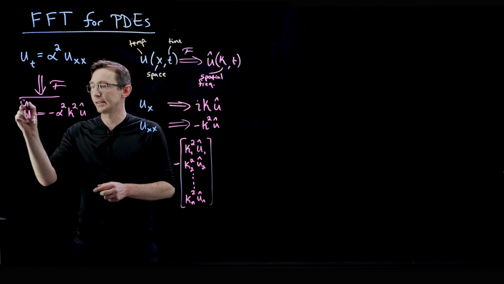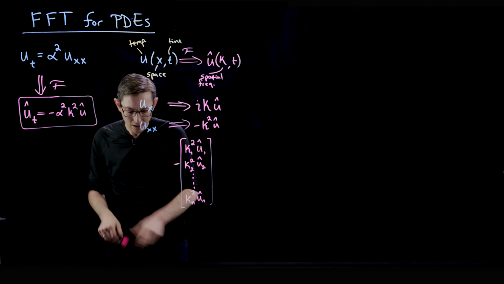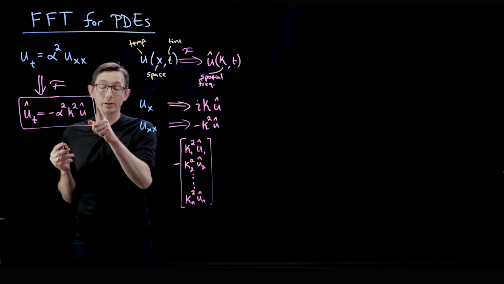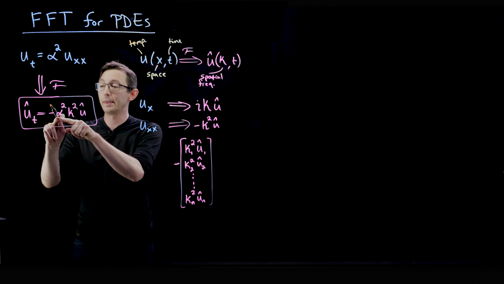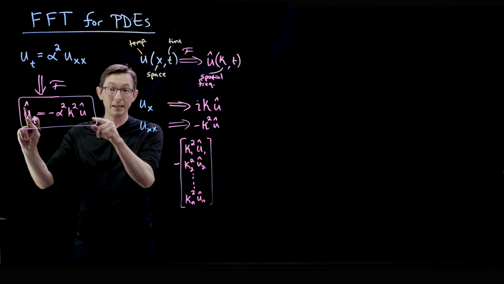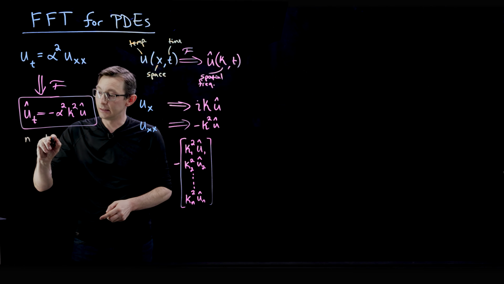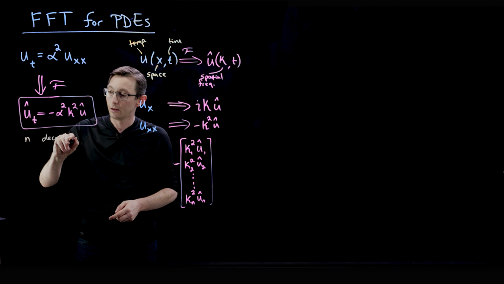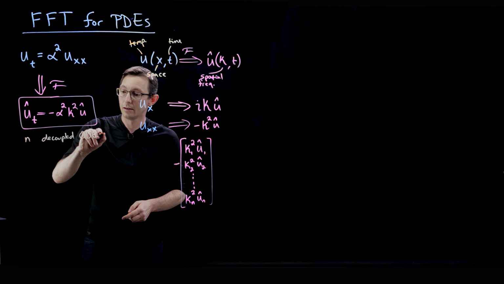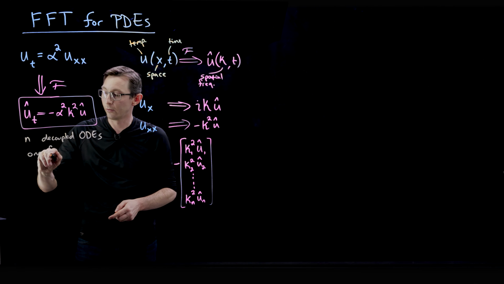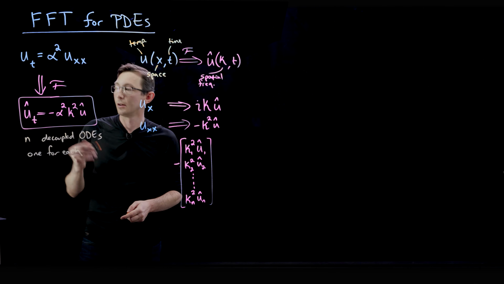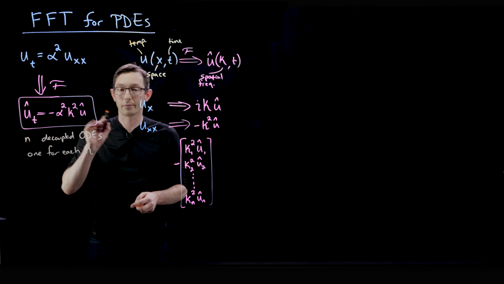Okay, so this is essentially decoupled, so that's also really nice, is that for every kappa, this is a single one-dimensional ODE. So I get n ODEs, so I have n decoupled ODEs, one for each of these kappas, okay?